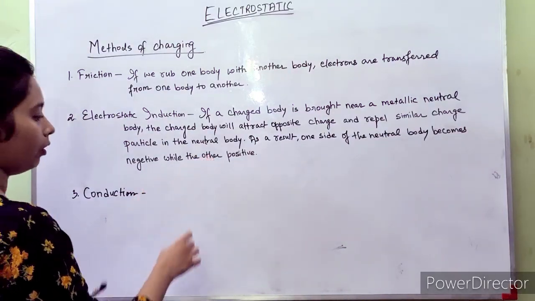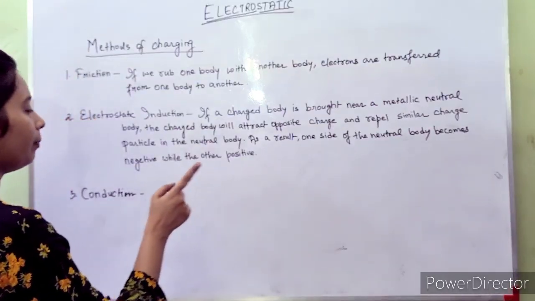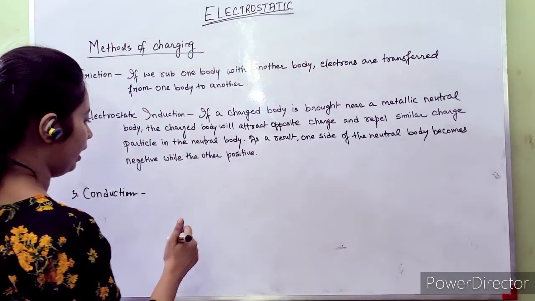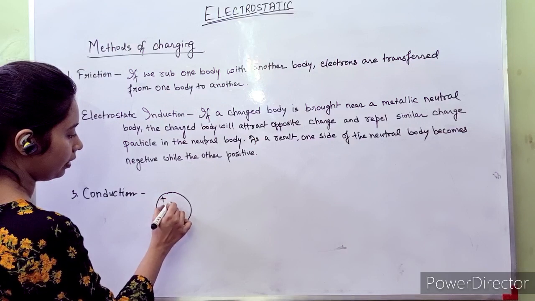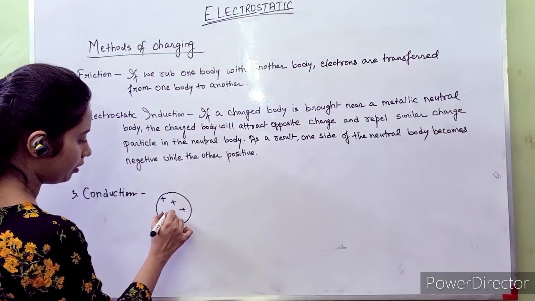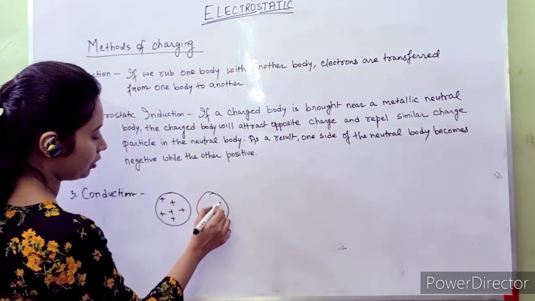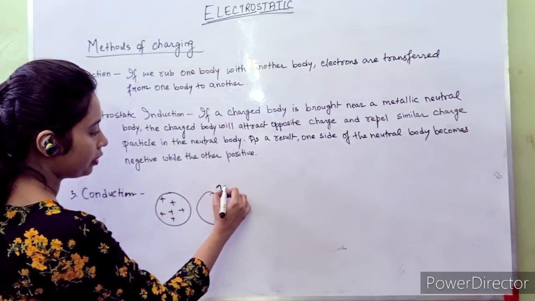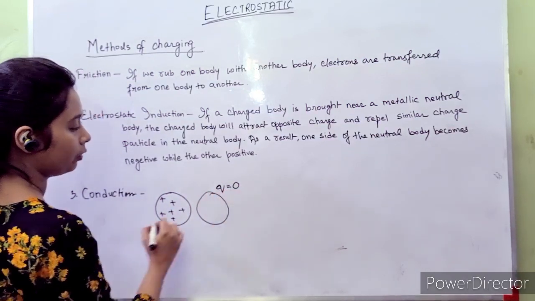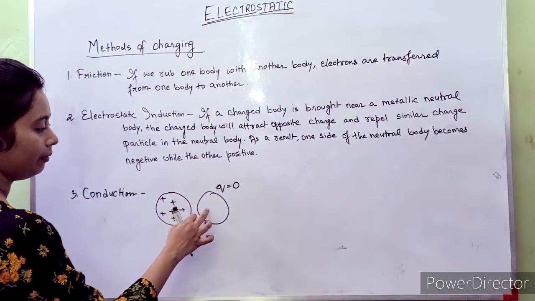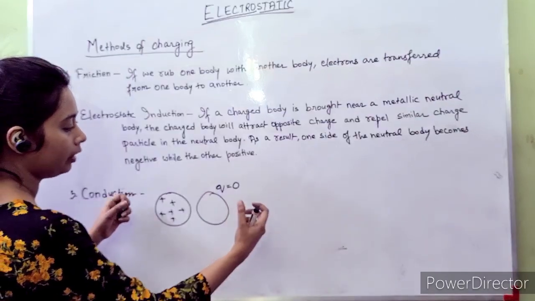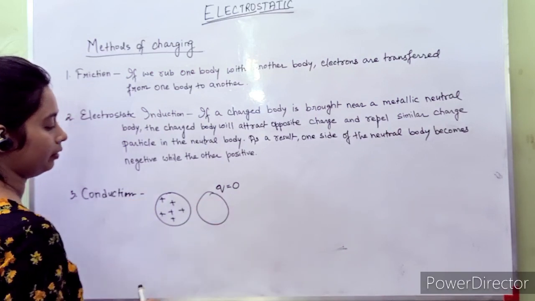If a charged body is brought near a metallic neutral body, like if this is one charged body, assume that it has got positive charge, and this is an uncharged body. Here the charge is 0. They are not in contact. I am just bringing these two bodies closer to one another.